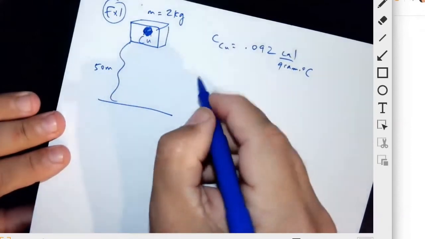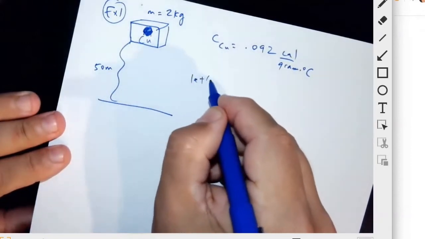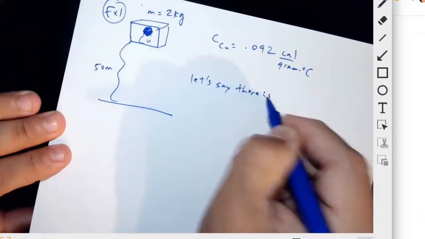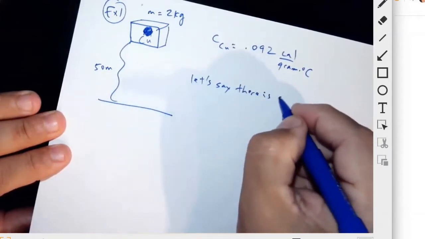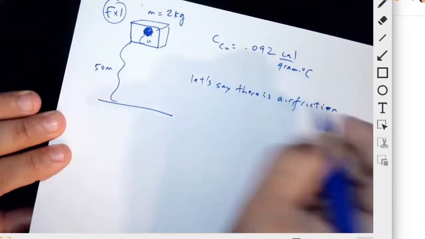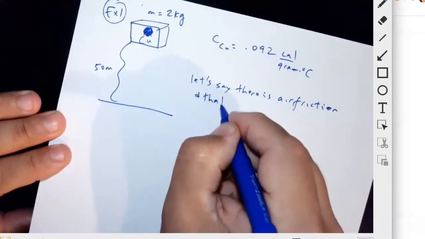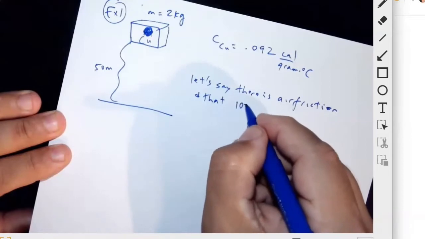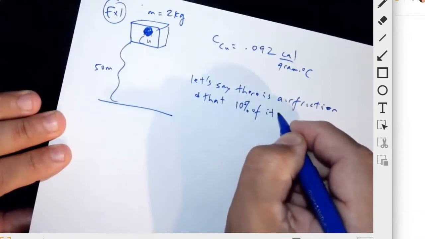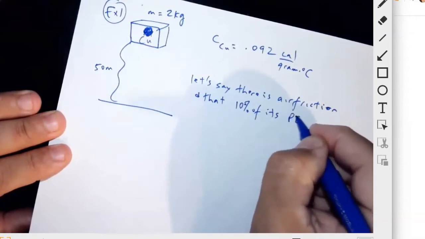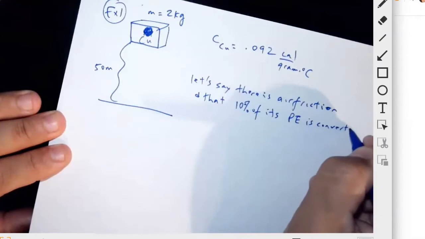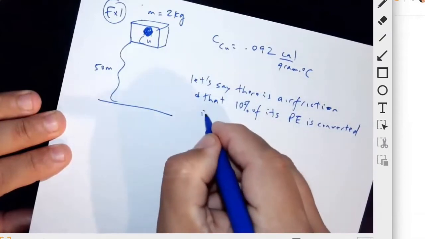So let's say there is air friction, and that 10% of its potential energy is converted into heat.